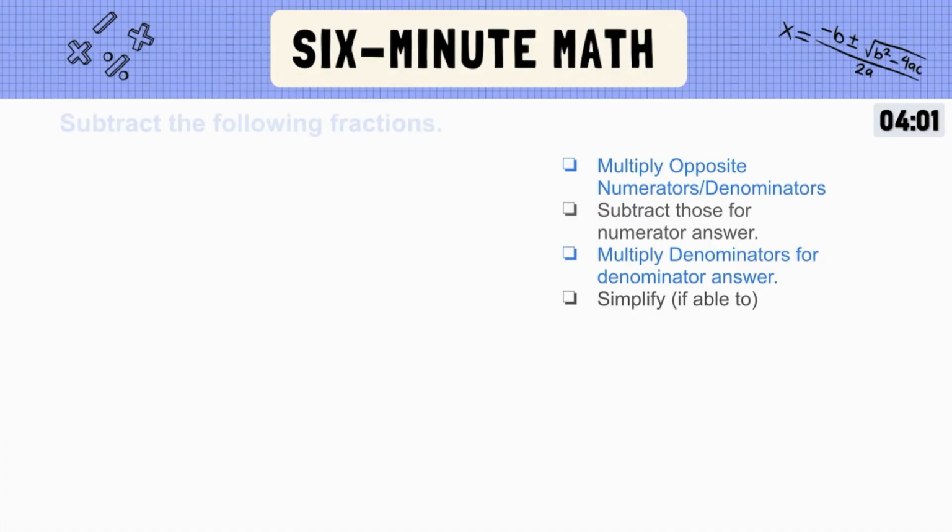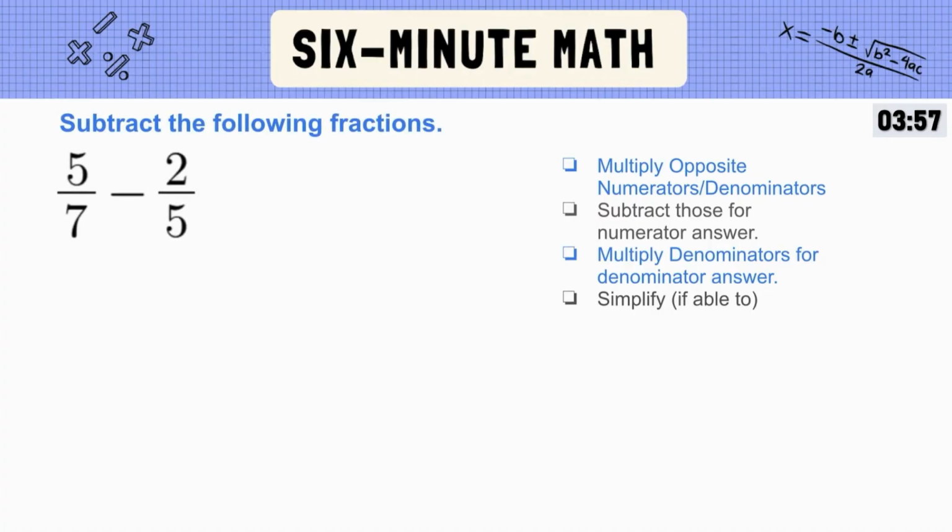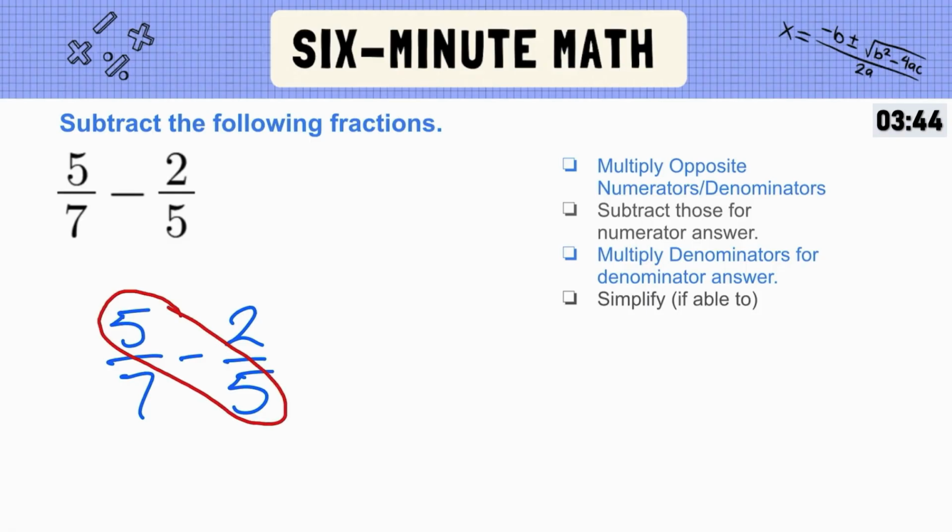Let's check out another example here. We're going to subtract 5/7 minus 2/5. So I multiply those numerator and denominator. 5 times 5 is 25, and 7 times 2 is 14, and I am subtracting 11.